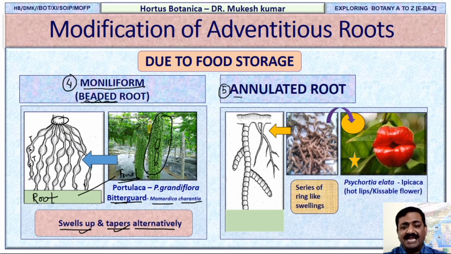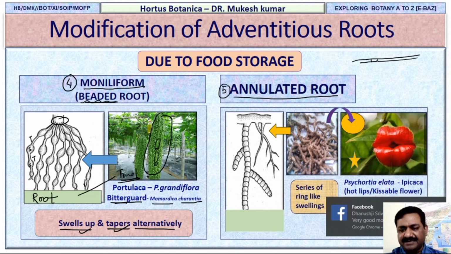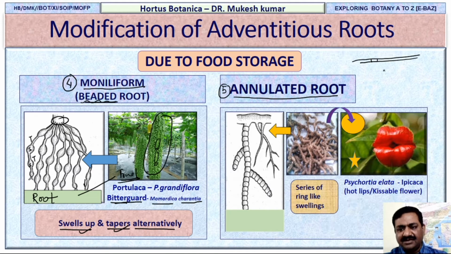This is the annulated root. Very interestingly, what do we find here? Again, this is the node of the stem, and in the node of the stem you find that it swells up, but no tapering, unlike the nodulous root and the moniliform beaded root.